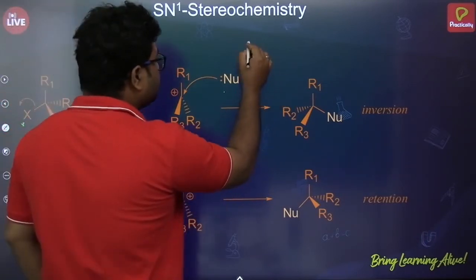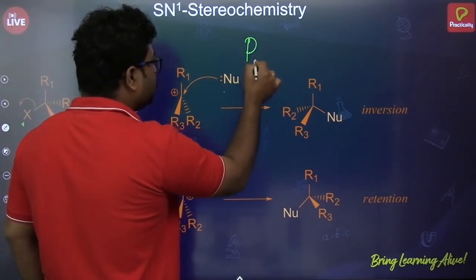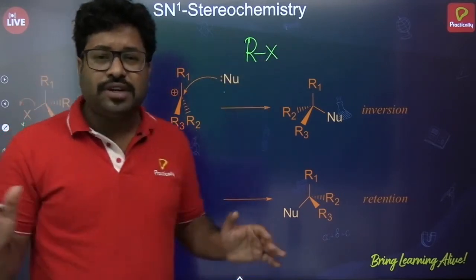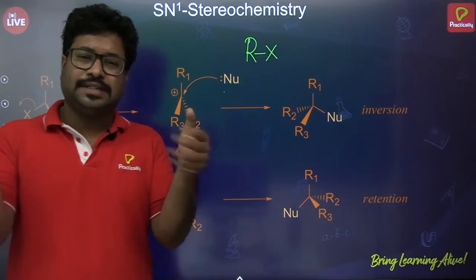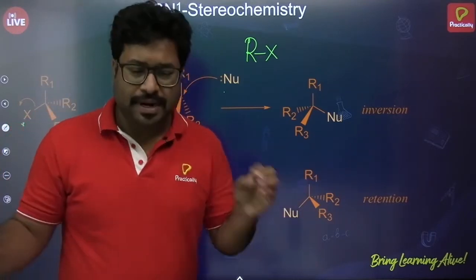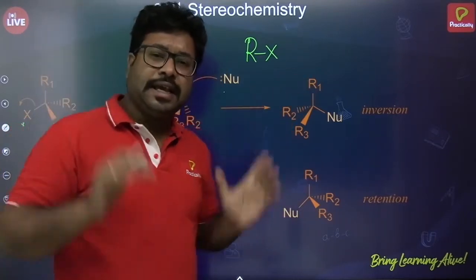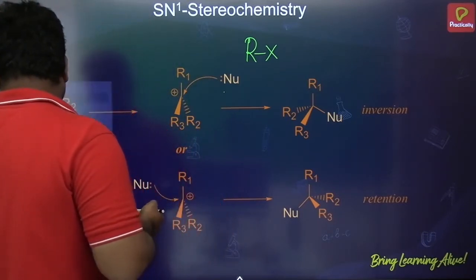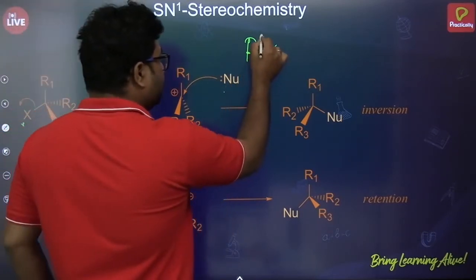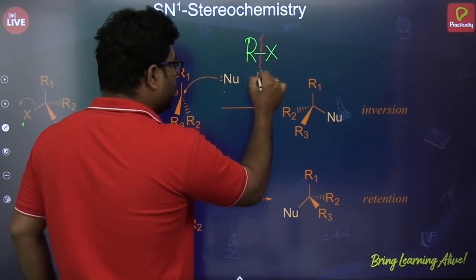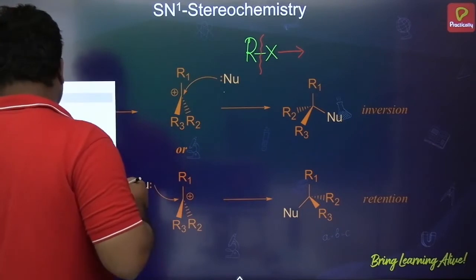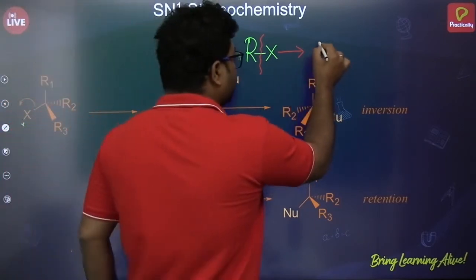See, suppose this is your substrate. Okay. Now I'm not telling you anything about primary substrate, secondary substrate, whatever it is. I'm just taking a substrate. Now what happens? The solvent comes here and breaks this bond. This bond is getting broken now. Now, what are you getting?